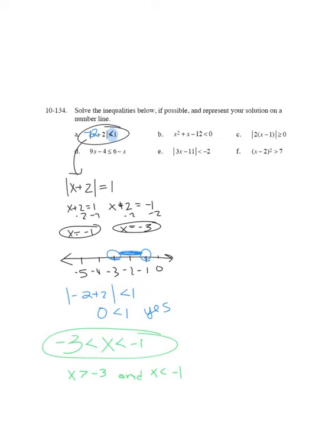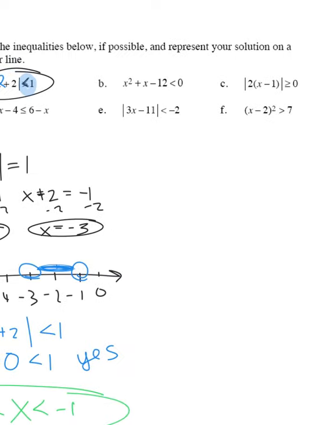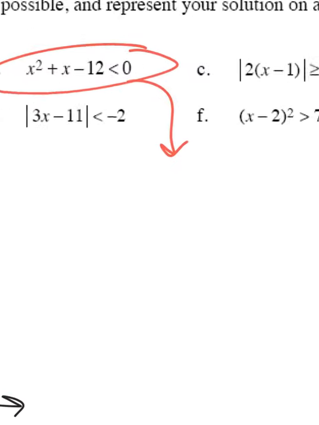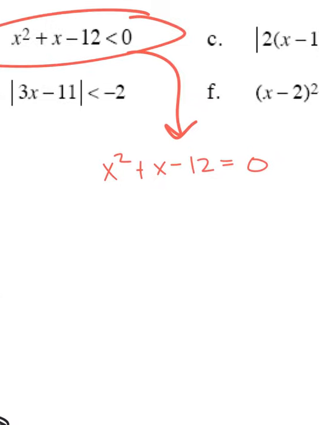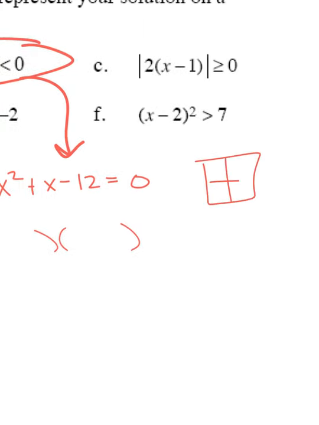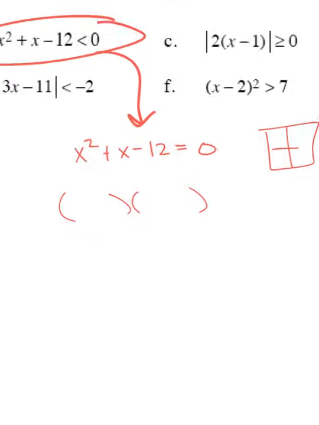Our last example is going to be a quadratic. Problem B. Anytime you have a quadratic, in order to solve it, even if it was just an equal sign, you need to use factoring or quadratic formula or complete the square. As a teacher, I can factor this in my head. I'm not going to show any work, but you would do the diamond and rectangle factoring, or you could do quadratic formula.